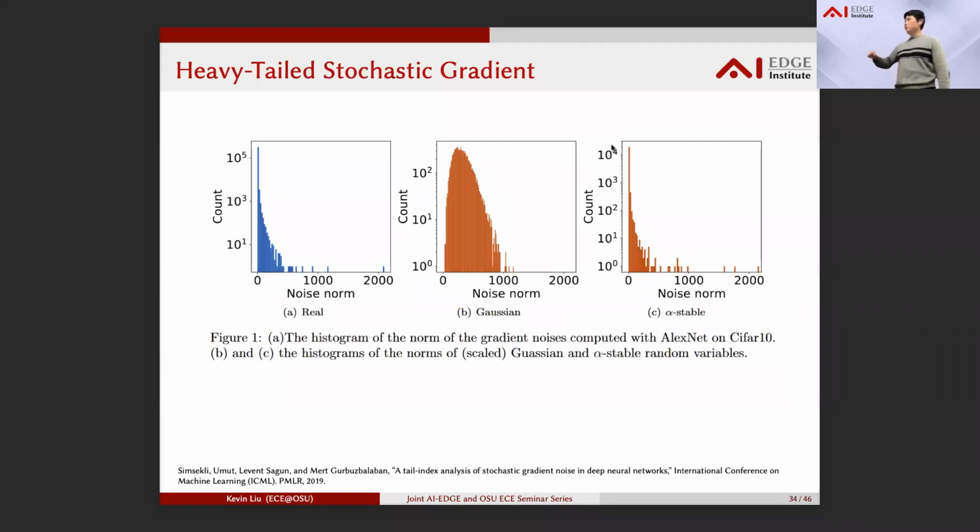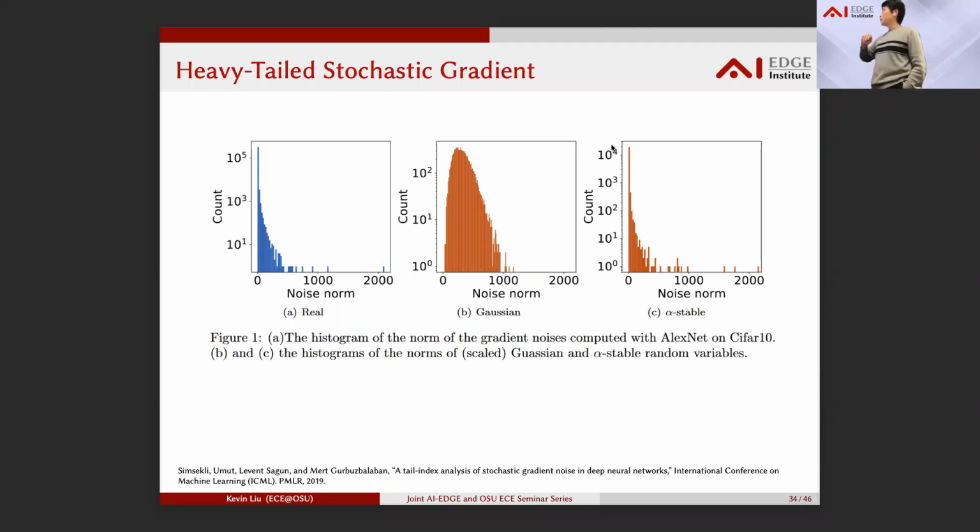So there's a paper talking about heavy tail noise in stochastic gradient. This is also a pretty interesting paper. Basically, this figure shows that in general optimization or learning, people usually assume that the noise in stochastic gradients is Gaussian or light tail.